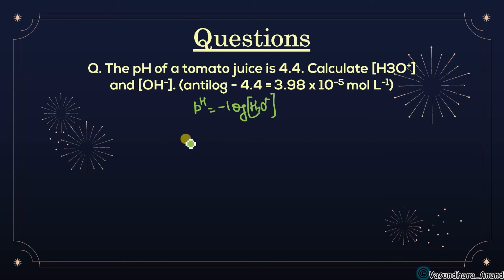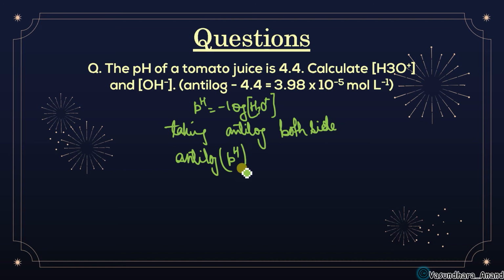So what will we do? This is a log, so we take the anti-log on both sides. The anti-log of minus log cancels out, and it will be minus H3O plus.